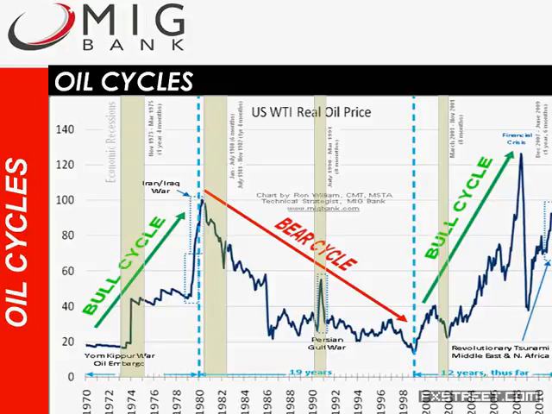So roughly 20 years in either a bull phase or a bear phase, positive or negative, and we're currently just over half of that bull phase. So just from a long-term time cycle perspective, there is more upside, more time for oil to move further higher, and there are risks for a price spike, small but growing, as we can see on this chart.